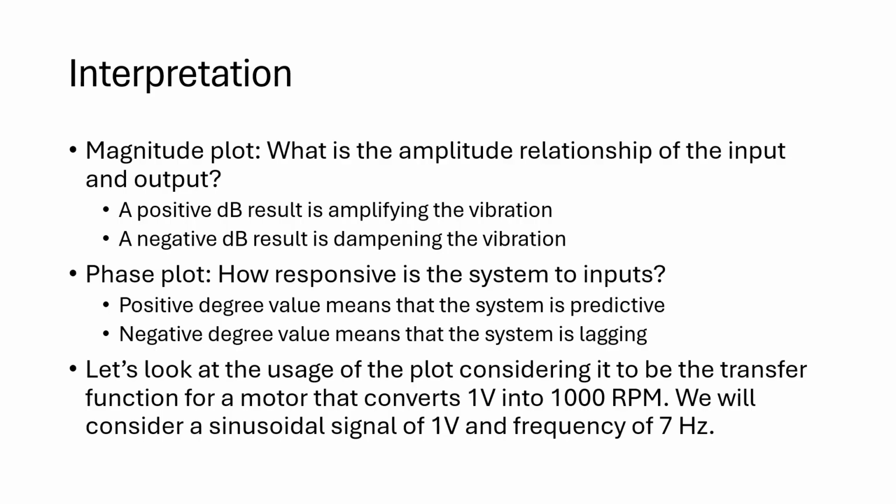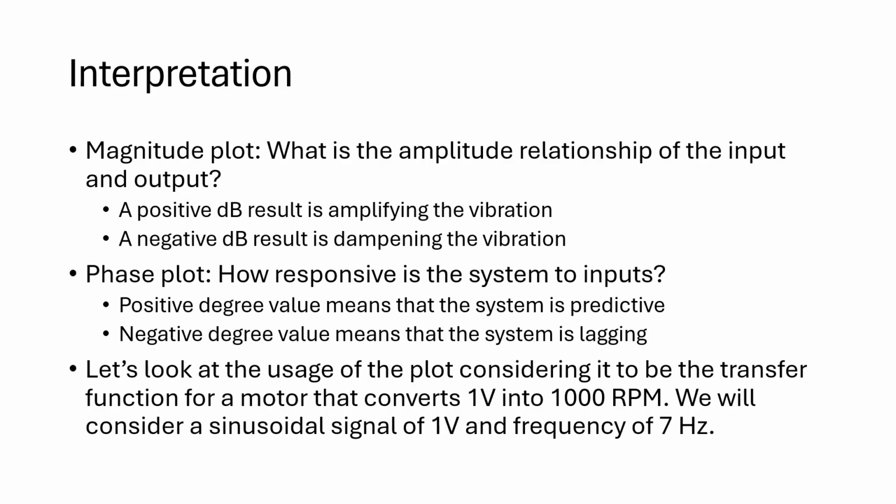And a negative degree value would mean that our system is lagging behind, so that the output will significantly lag behind the input. And if it is 0, then the input will instantaneously match the output.